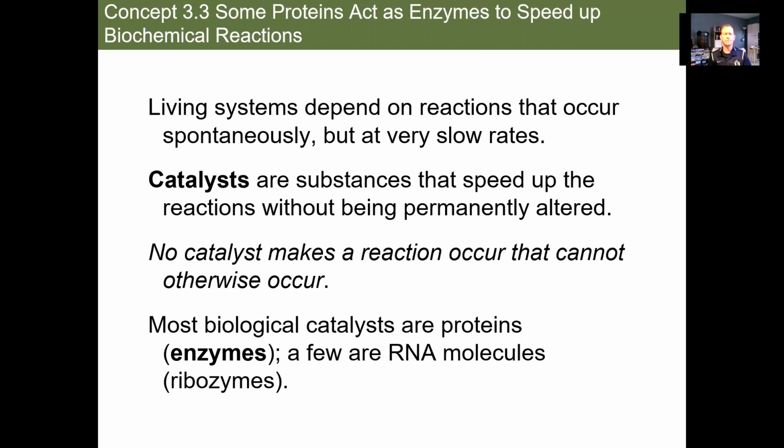I know I've talked with you guys about this in the past, but how it happens is what we're going to do. Living systems depend on reactions that occur in natural biological conditions. They call it standard biological: atmospheric pressure, 20% oxygen.